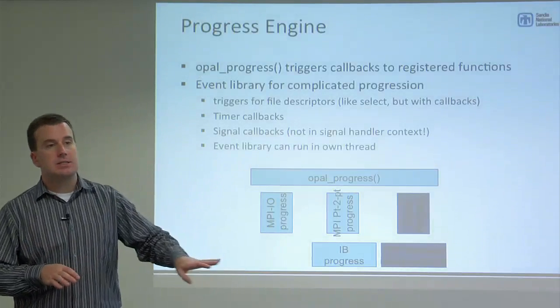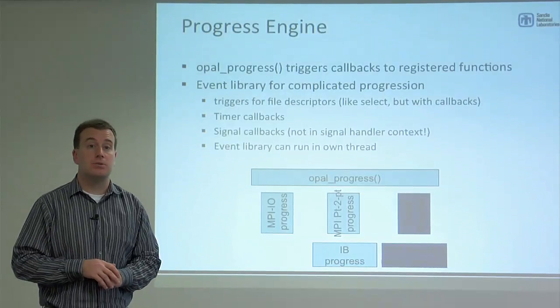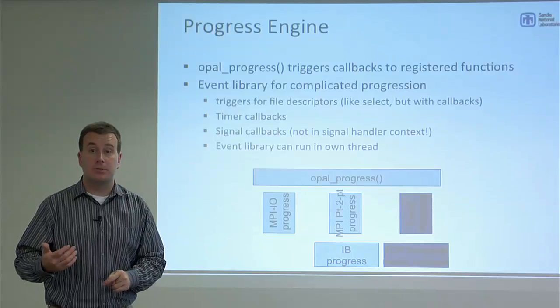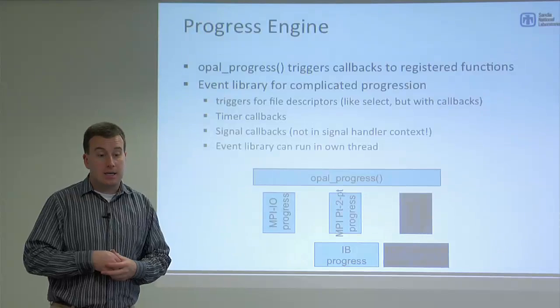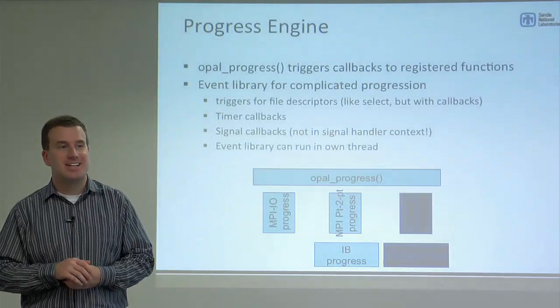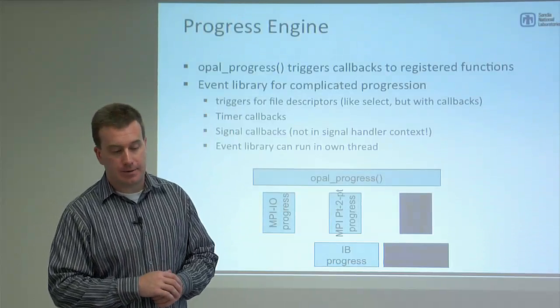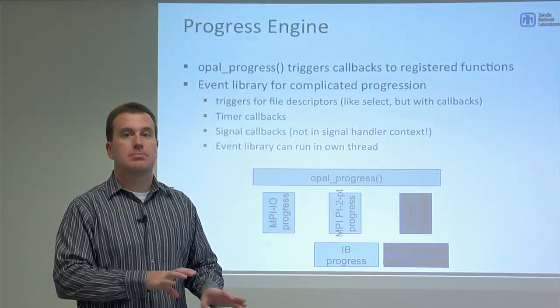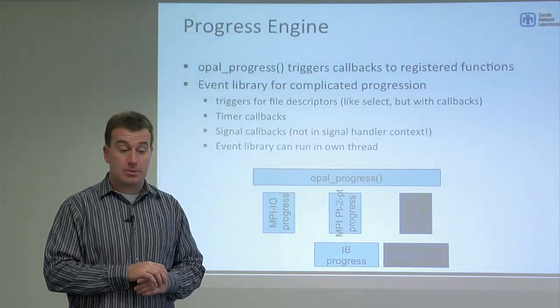The first is very easy. It's this register deregister. The second is fairly complicated to use, but a lot more powerful in terms of capabilities. And again, Ralph is the right contact for talking about the event library and how to use it. Currently, its primary user is the runtime, and therefore he's done a lot of work with that.